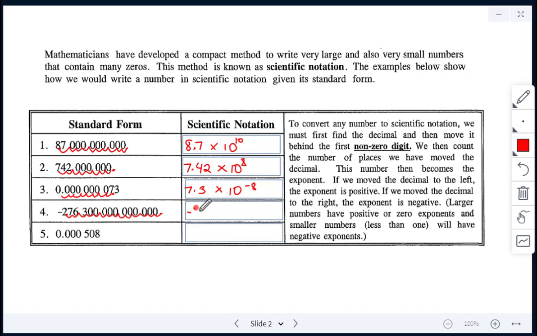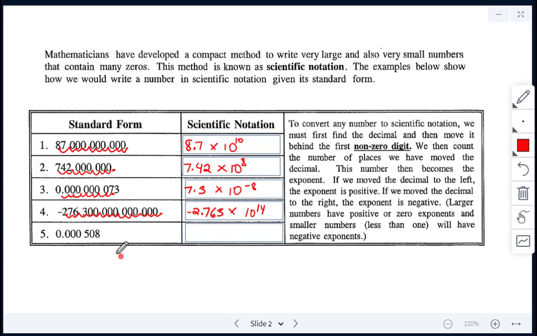So negative 2.7 times 10 to the power of 14. Again, that negative just stays there. It's still a large number, and we're moving our decimal place to the left, so the exponent is positive. Just to note for the recording, I did write down the rest of the digits there, so it is negative 2.763 times 10 to the power of 14.